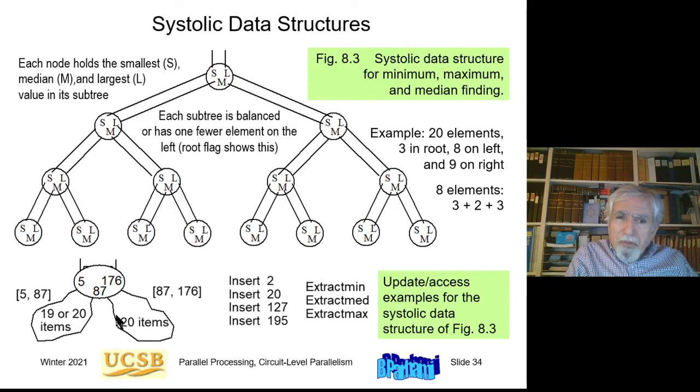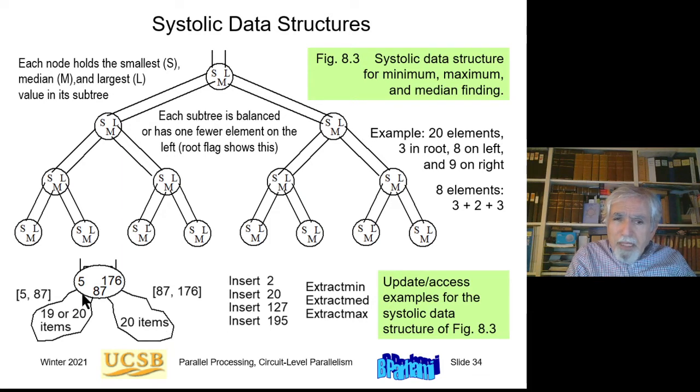So here I've shown a list with, let's say, 42 or 43 elements. If there are 43 elements, 3 are sitting at the root, 20 on the left and 20 on the right. If I have 42 elements, again 3 are sitting at the root, 19 will be on the left and 20 on the right by convention.